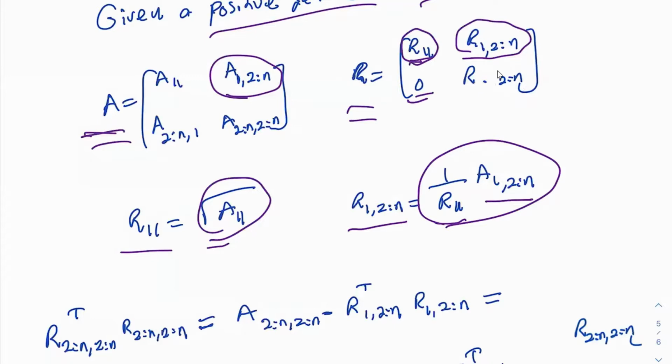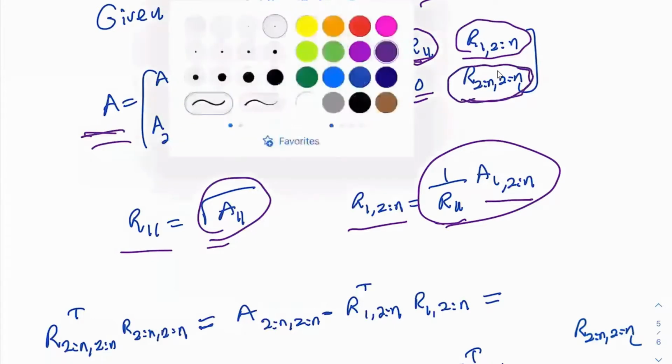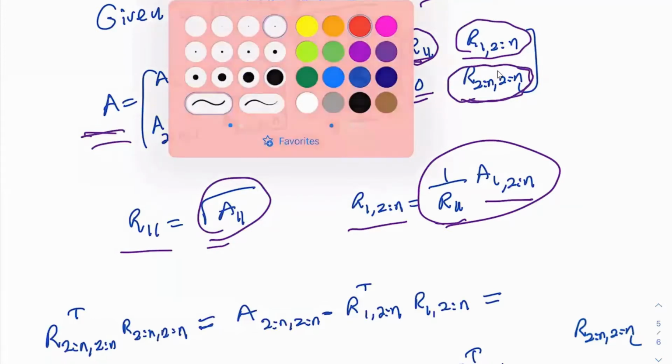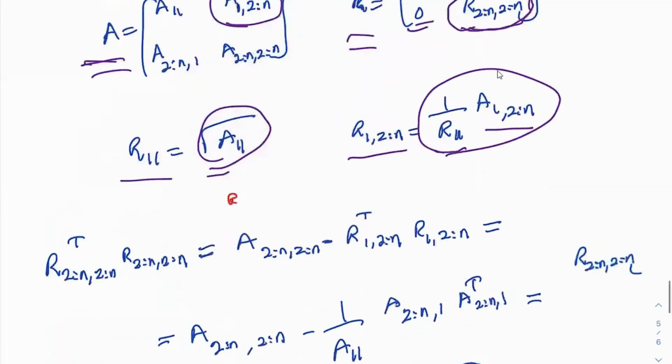Remember I talked about the Schur complement? This element, this R2 to n, is calculating the Schur complement of A, right? This is nothing but A2 to n, 2 to n minus 1 over A11 times A2 to n,1 multiplied by A1,2 to n.